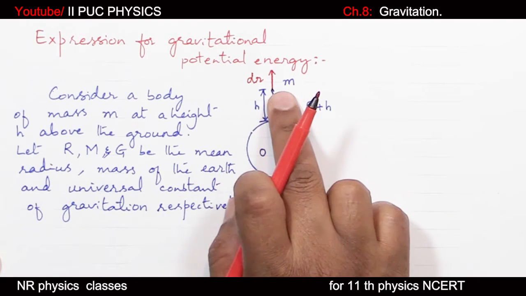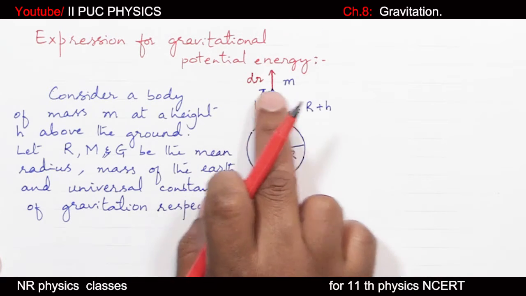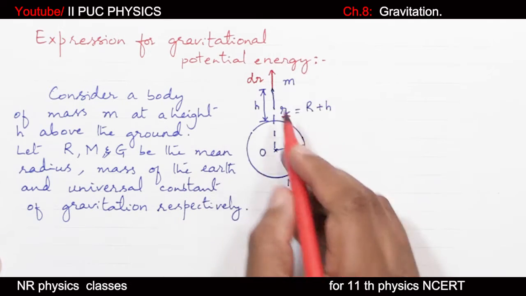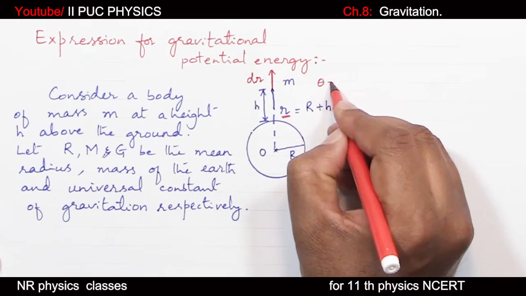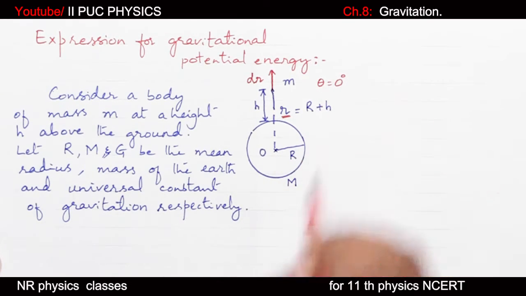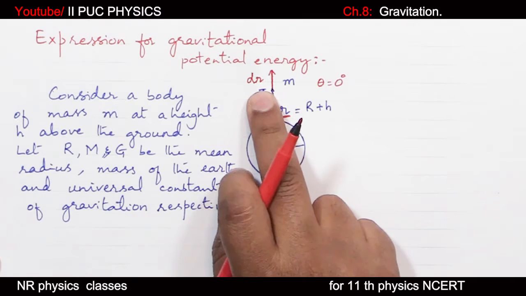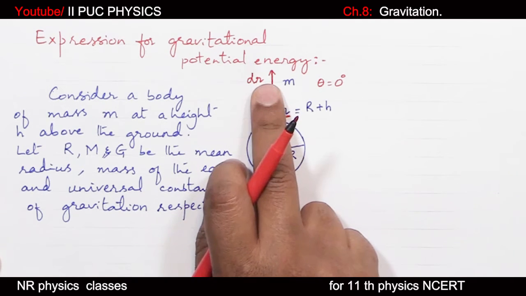So direction of force applied is upward. Direction of displacement is also upward. And angle between force and displacement is 0 degree. So let us find work done. Understand the statement.